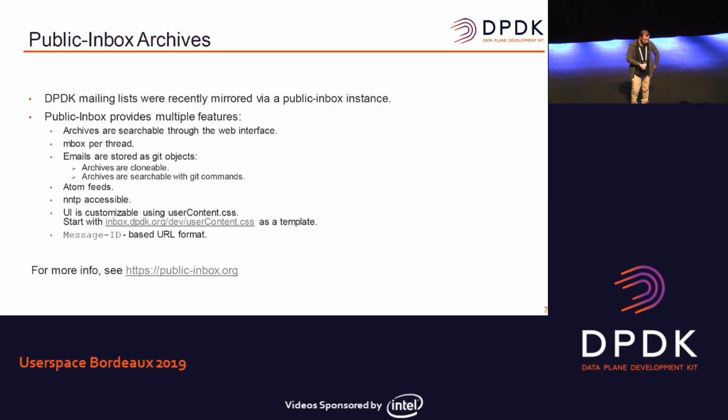Anyway, we recently started using a project called Public Inbox. The project is also used by kernel.org. Public Inbox was built with decentralization in mind. It is against software being a single point of failure.